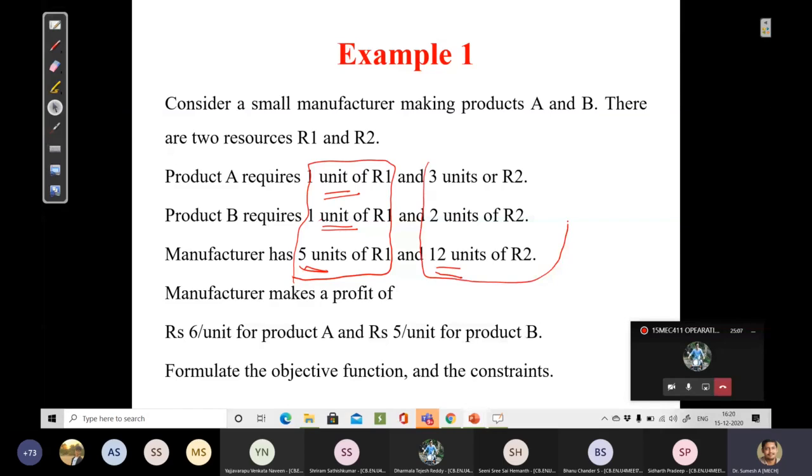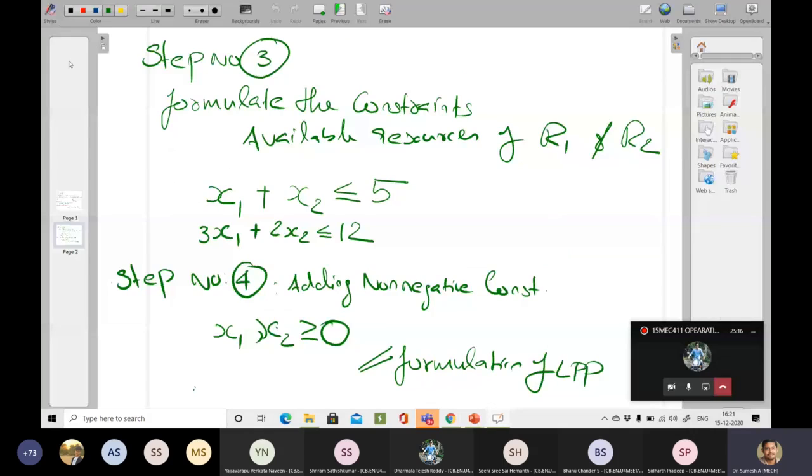And finally I am writing the non-negativity constraint on my decision variables. I cannot make a negative x1 quantity or negative x2 quantity. So I am writing that x1, x2 greater than or equal to 0. That is the end of your formulation. This is how we will formulate the problem.